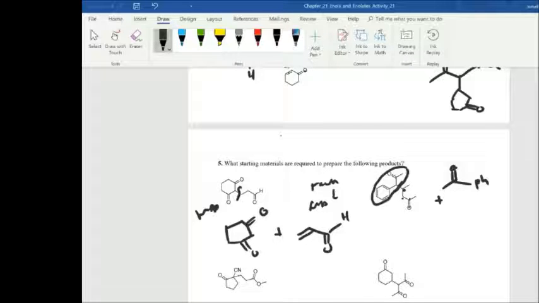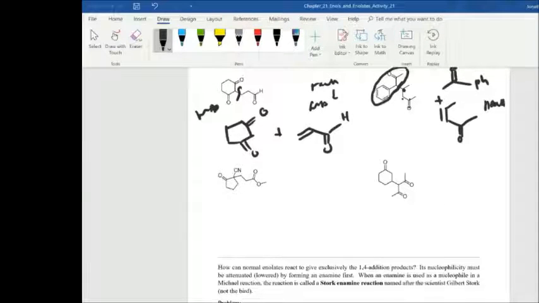I'll draw it like this, might be easier for you to see. 1, 2, 3, 4, and then there's a double bond right here. And I'm pretty sure you can use sodium hydroxide again.